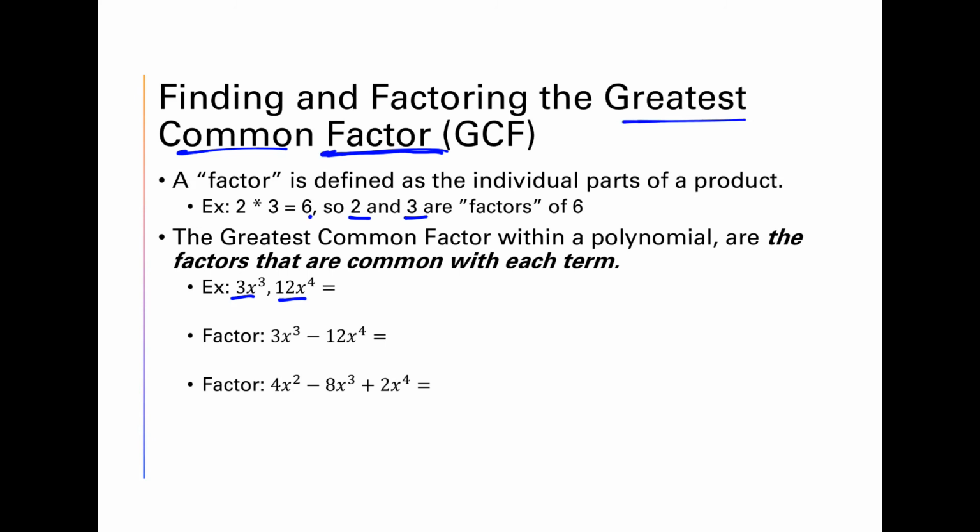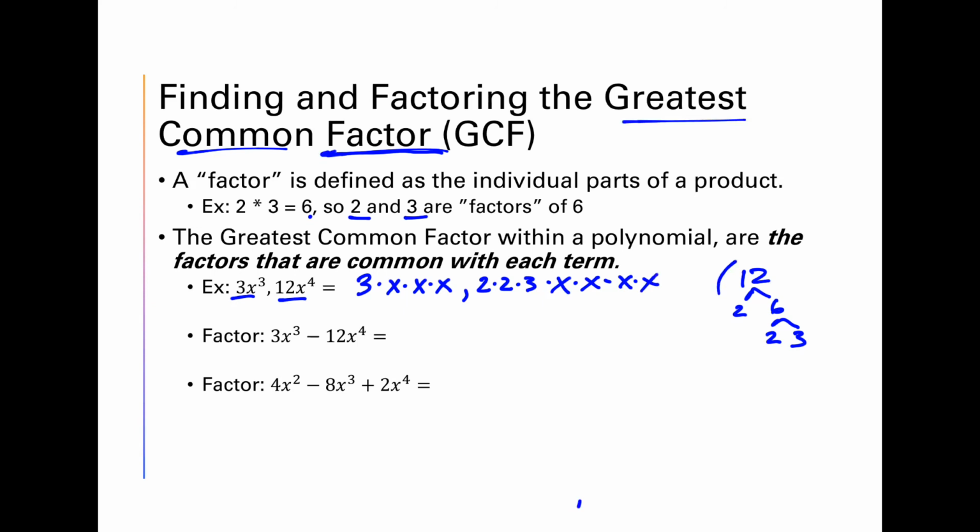And we're going to look at finding the greatest common factor between these 2 monomials. 3x to the 3rd is 3 times x times x times x. And then 12 can be broken down into 2 times 6 and then 2 times 3. So it's made up of 2 2's, a 3, and that's our 12. And then we have 4 x's, so x, x, x, x.